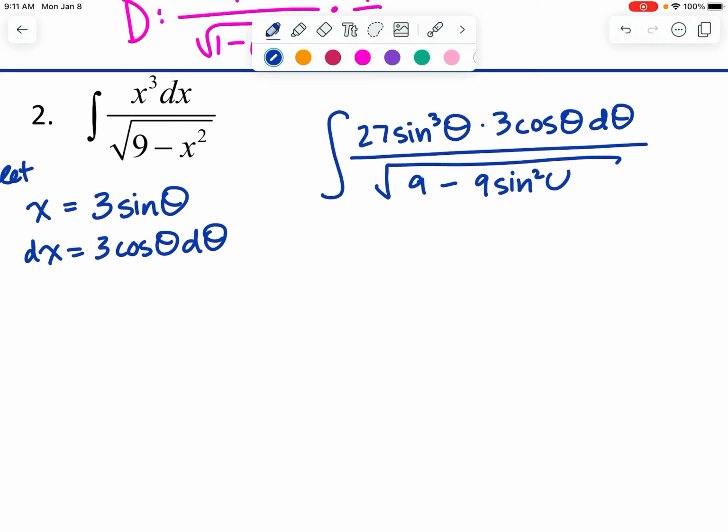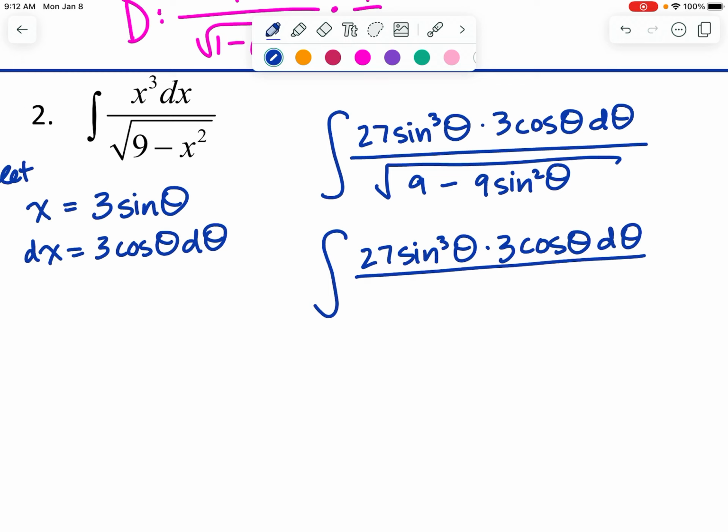Now I want to clean things up a little bit. Of course, on the bottom, I'm going to have a 3 that's going to pull out of my square root, times 1 minus sine squared, which is cosine squared. And then I'll take the square root of it, so I'll just write it as cosine.